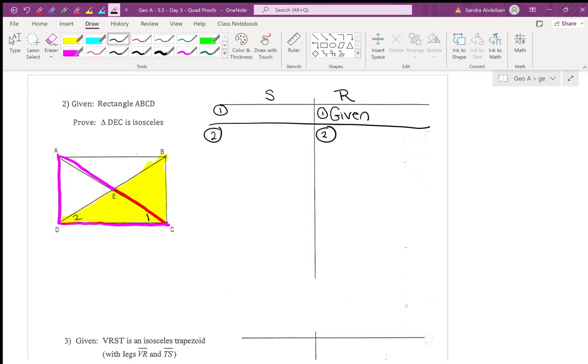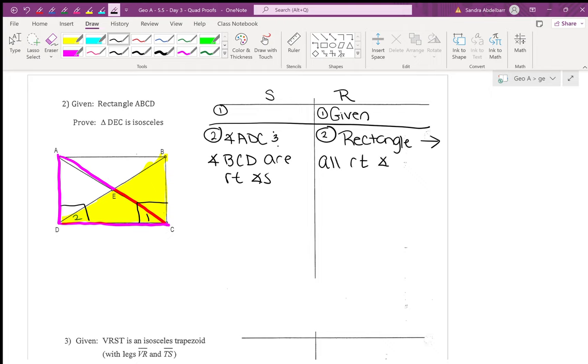Michael? Excellent. All angles are right angles. So I can say angle ADC and angle BCD are right angles, and this is a property of a rectangle, so we're going to say rectangle, arrow, all right angles.